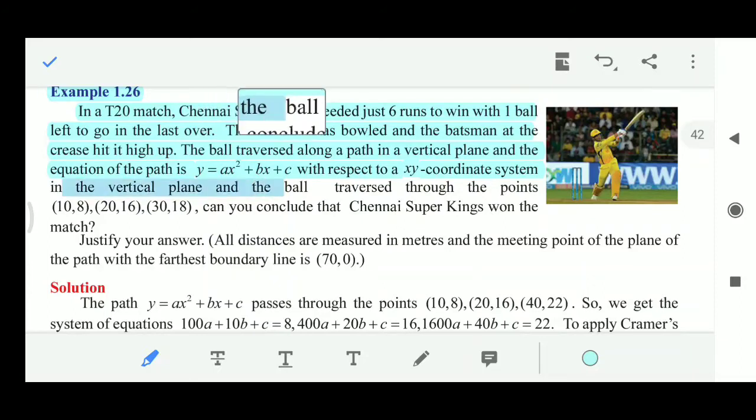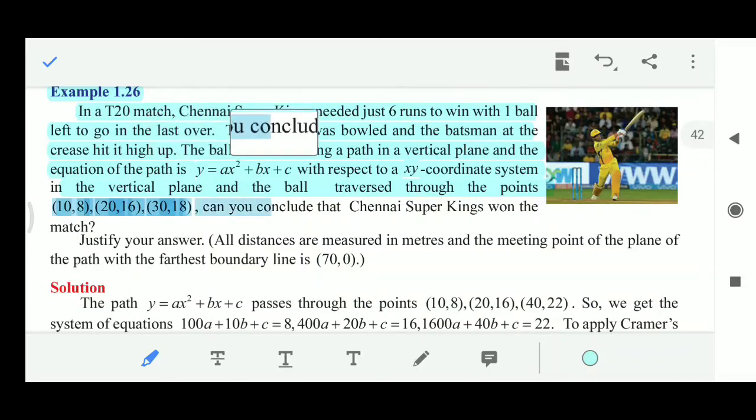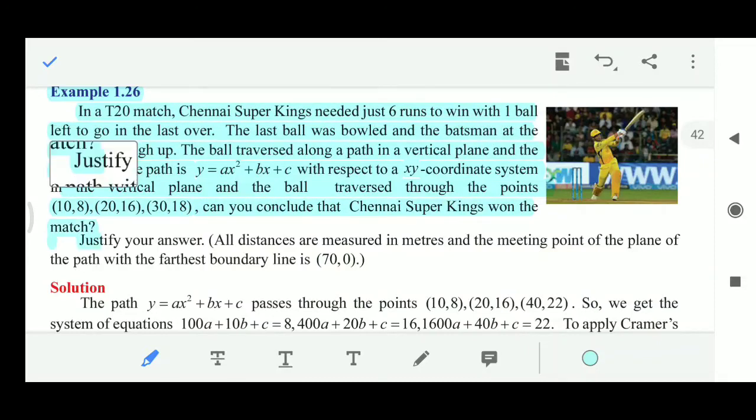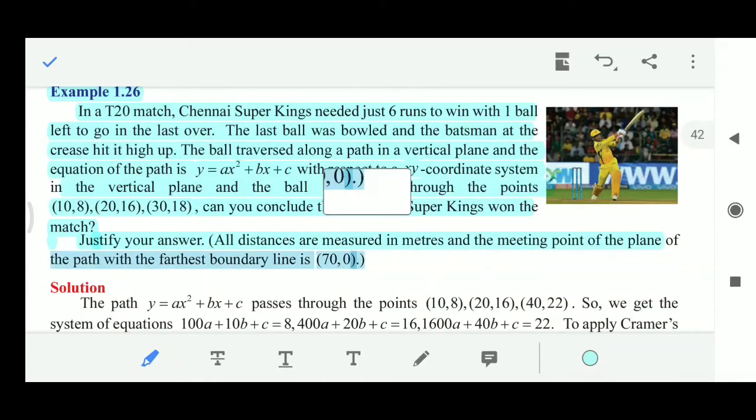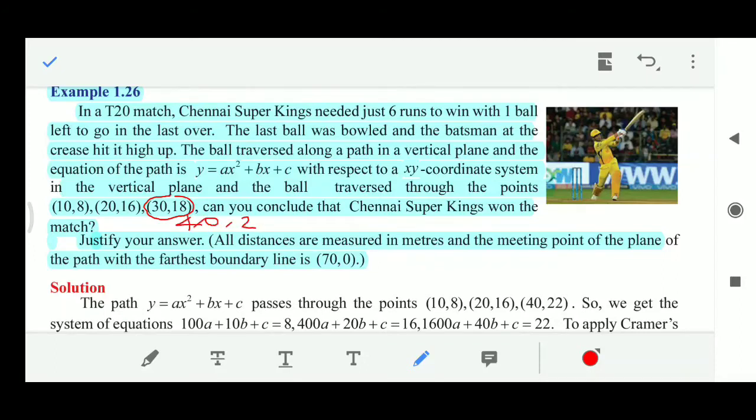The ball travels along a path in a vertical plane, and the equation of the path is y equal to ax square plus bx plus c with respect to the xy coordinate system in the vertical plane, and the ball traversed through the points (10, 8), (20, 16), and the last point is given wrong. Make it as (40, 22). Can you conclude that Chennai Super Kings won the match? Justify your answer.